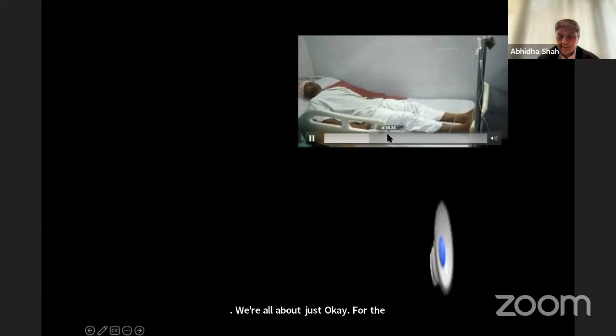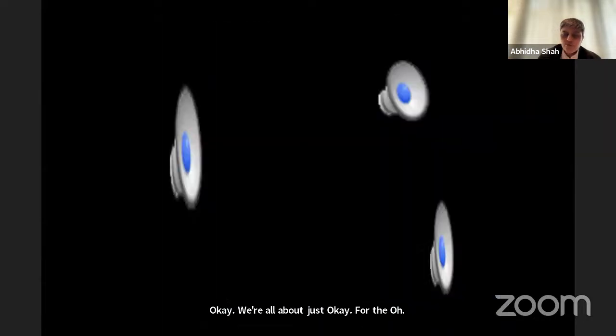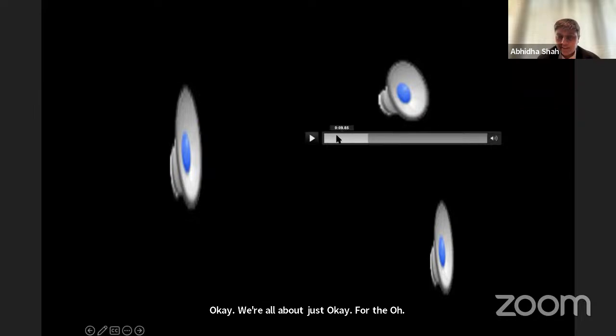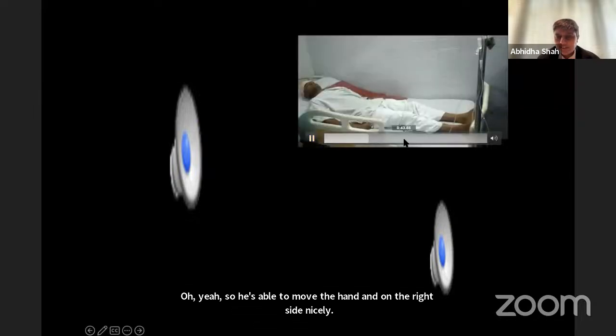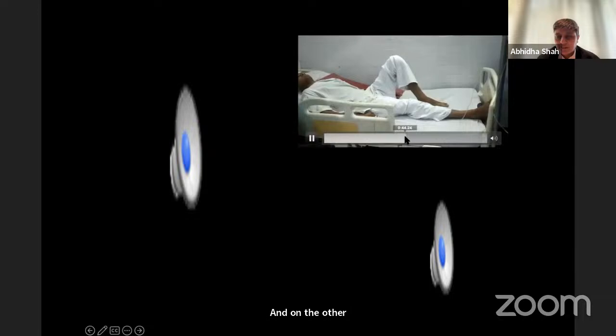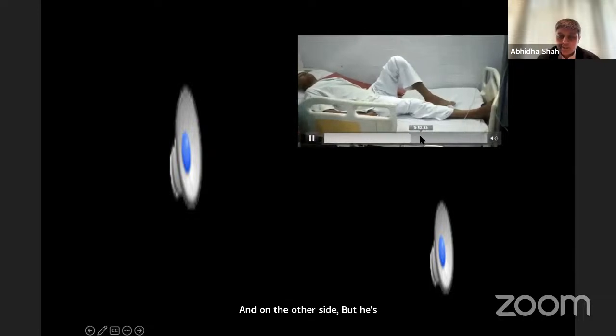The tumor is on the right side. He's able to move the hand on the right side nicely, and on the other side he's having some difficulty in initiating, but he's able to do it slowly.